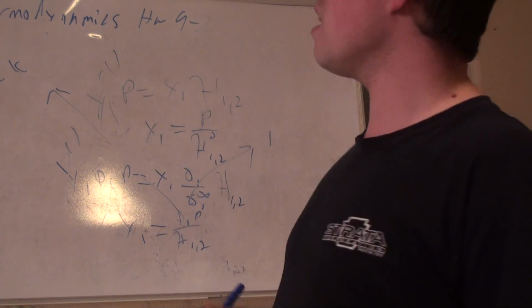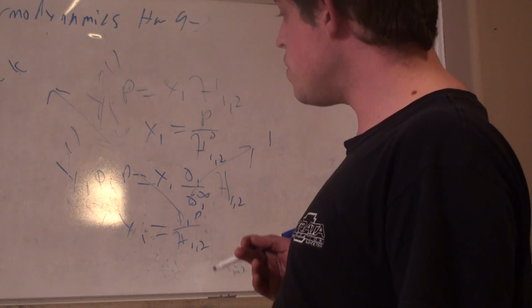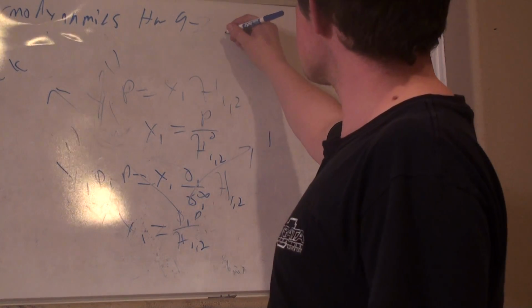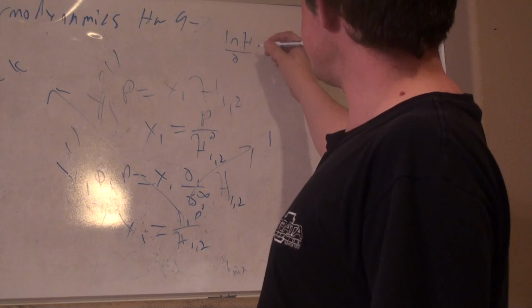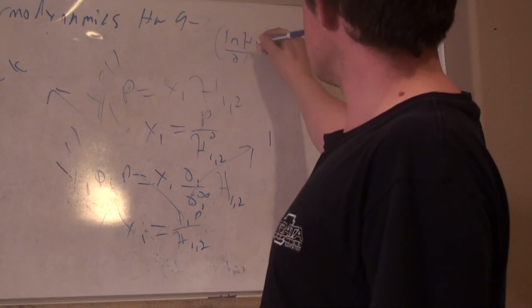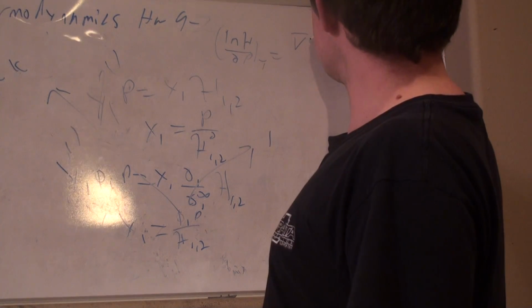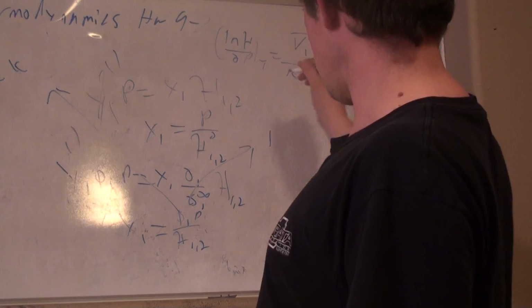Now, the Henry's law constant we do have to adjust because the pressure is different. If you remember, the natural log of the Henry's law constant with respect to P at constant T is equal to the partial molar V1 infinity over RT.